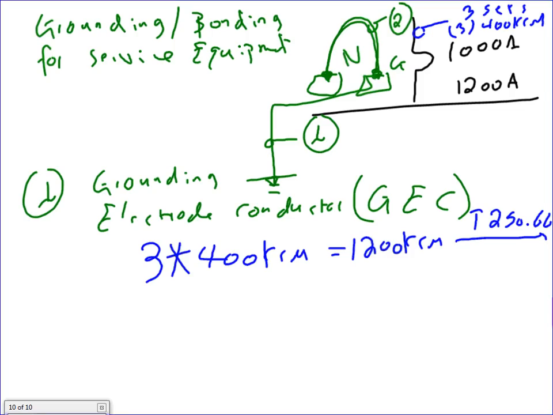What's the largest conductor I can size under copper cover? If you're larger than 11, for grounding electrode conductor, you stay there, don't do anything. What's the largest? 2 aught or 3 aught? 3 aught. So the size is going to be 3 aught copper.